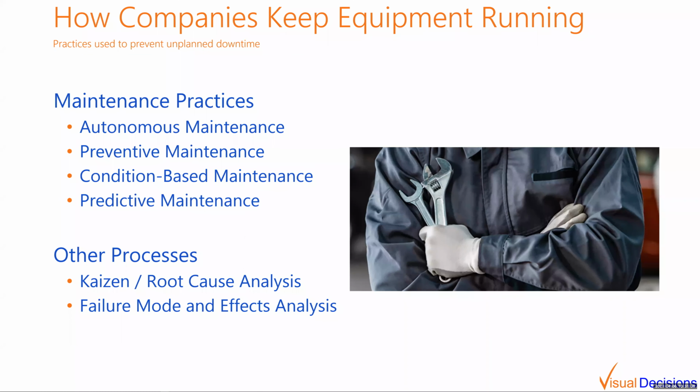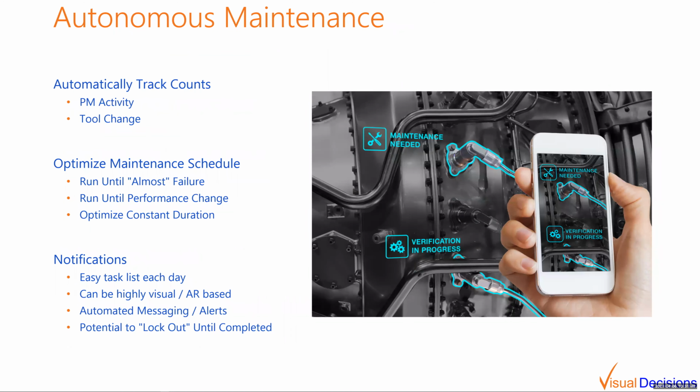But looking specifically at those maintenance practices for a minute, from an autonomous maintenance point of view, having the operator do as much of those tasks on a daily basis as possible, being able to provide the operator with more information about what needs to be done, giving them a checklist essentially, notifying them when different things need to happen, as opposed to trying to track all of that on paper, or just counting on the fact that they'll know.